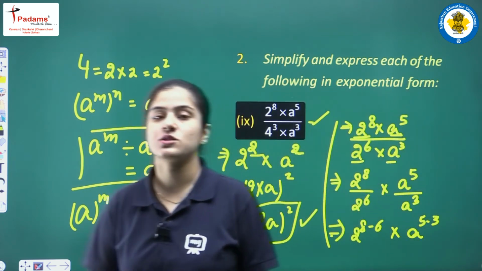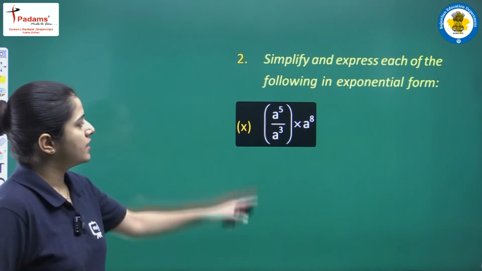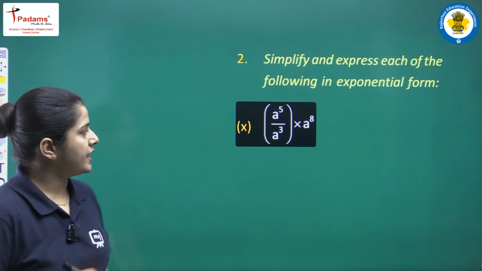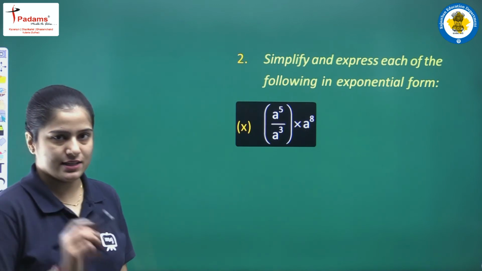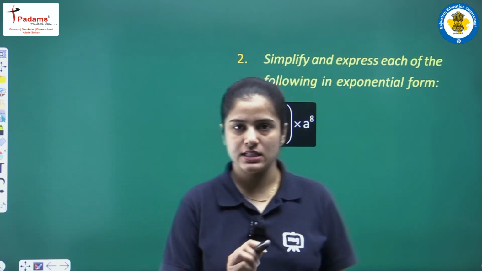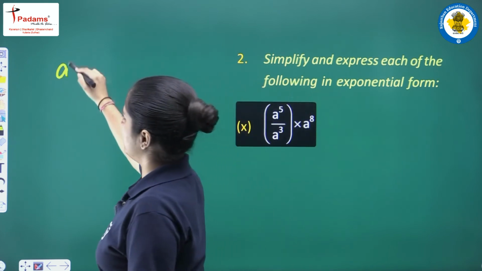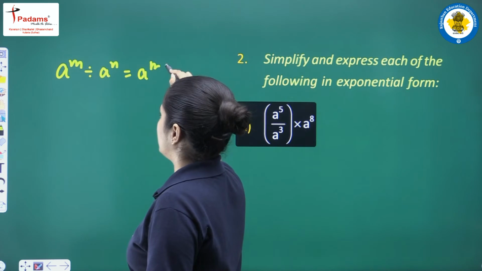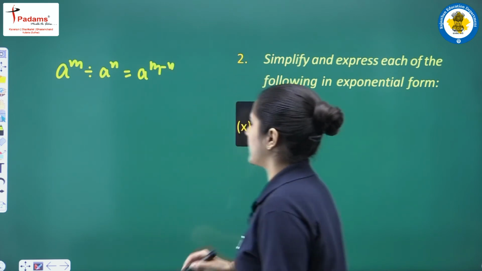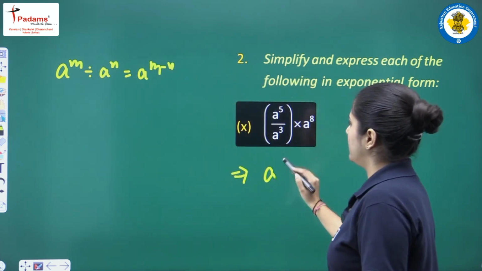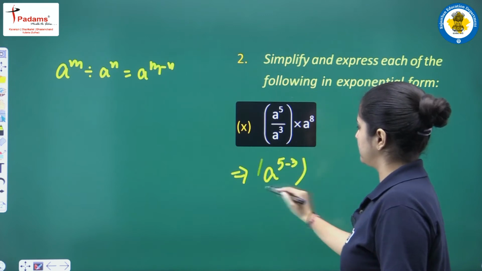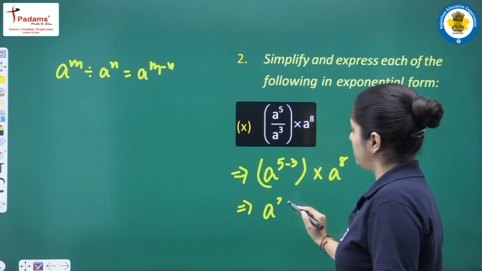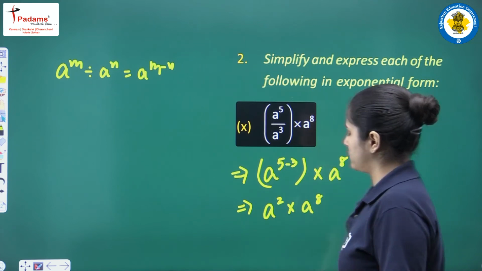Looking at the next question students, that is question number 10. A raised to power 5 divided by a raised to power 3 into a raised to power 8. When the base is same and it is divided, then we use the formula in which the powers are subtracted, right? So a raised to power 5 minus 3, a raised to power 2 into a raised to power 8, right?